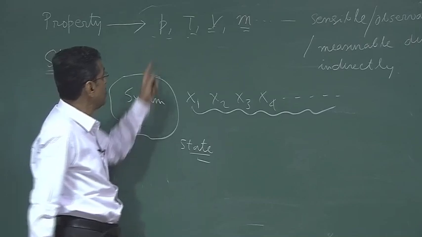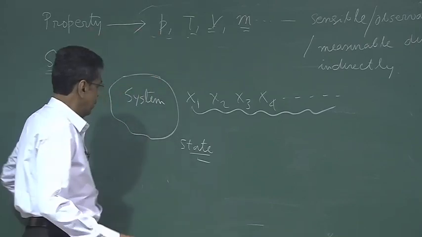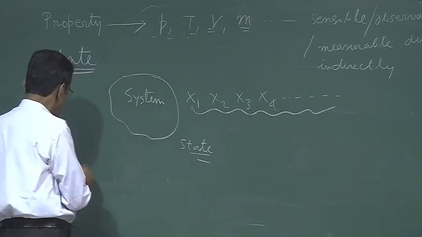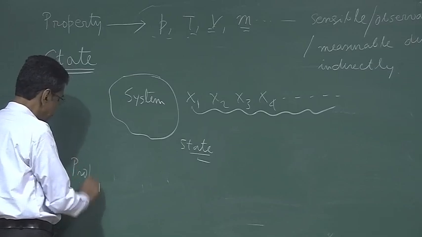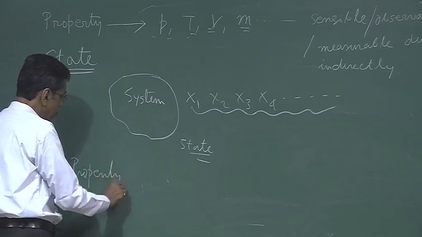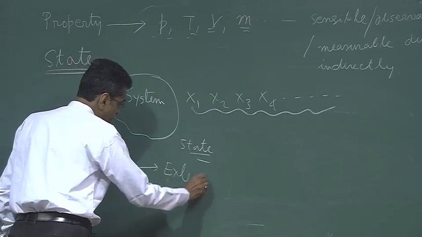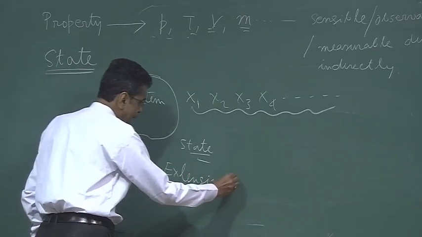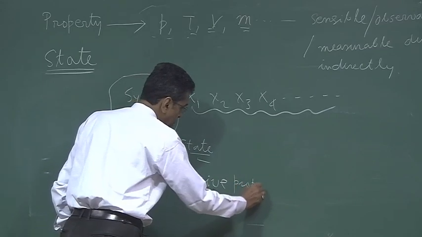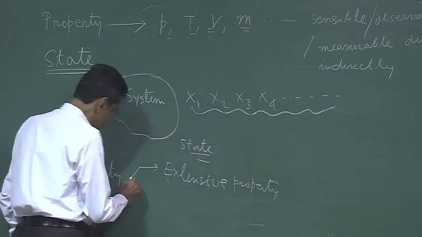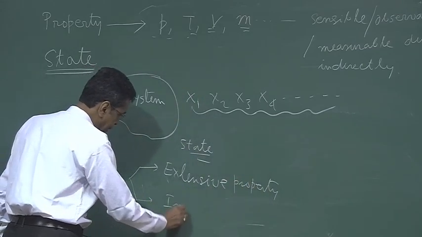Here another thing you must know from the property definition: before coming to the state, property is of two types. One is extensive property, another is intensive property.